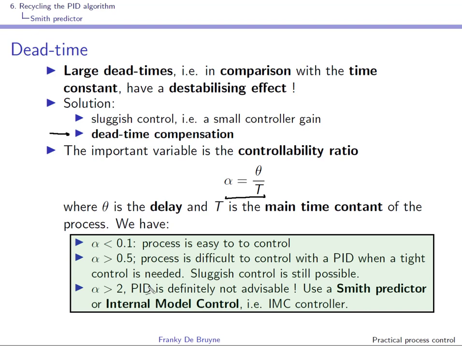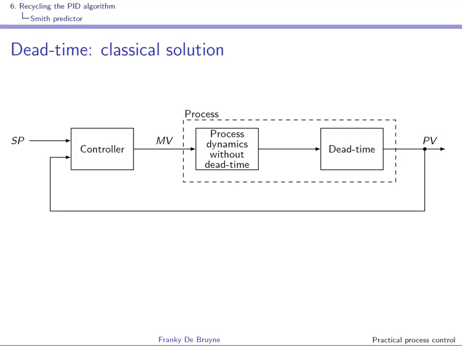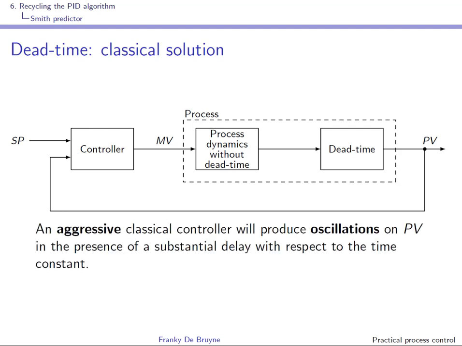Well, we have seen in the section on process behavior that if you have a process with dead time and you use the classical controller, for instance a PI controller or PID controller, then if this controller is tuned aggressively, this will produce oscillations on PV if the dead time is large with respect to the main time constant, right?